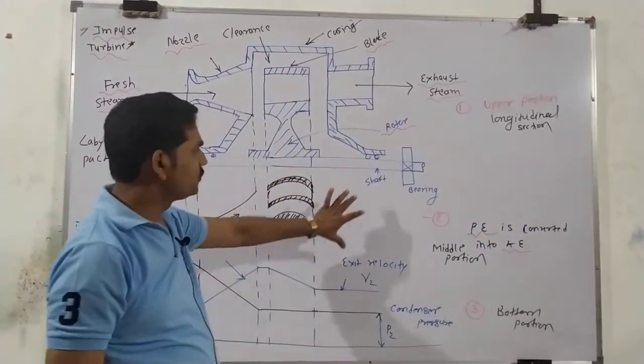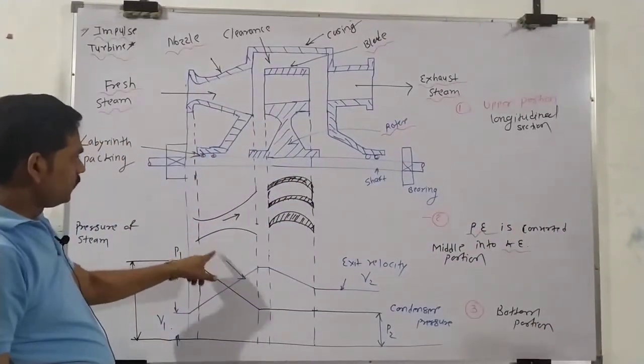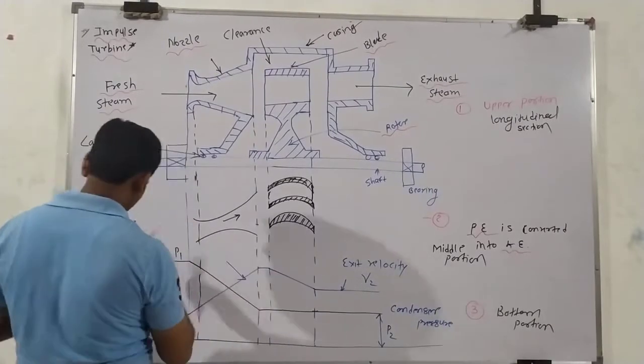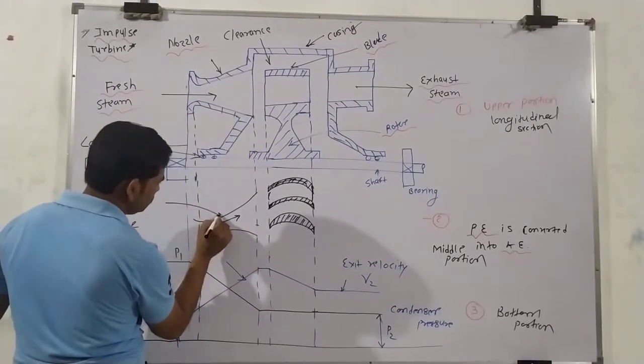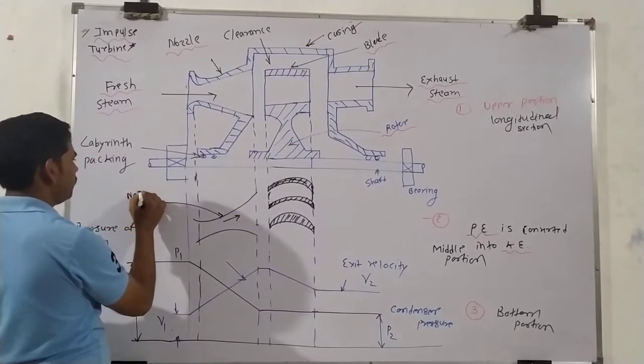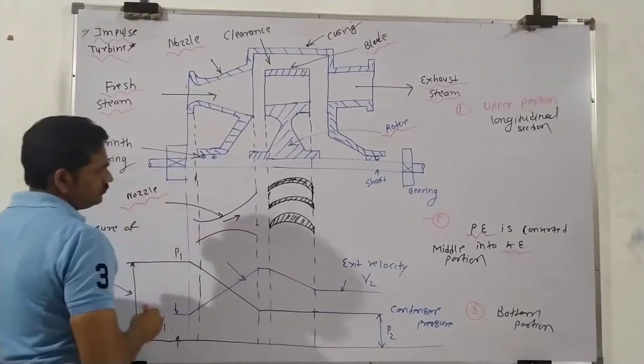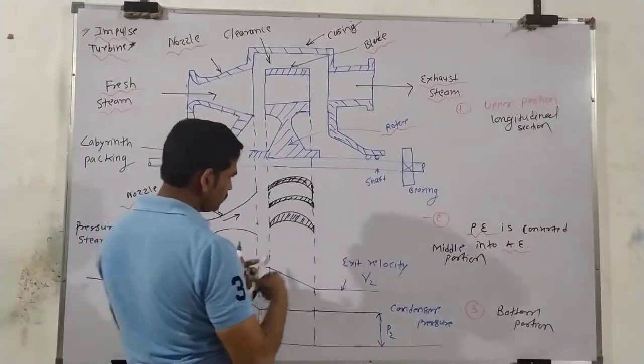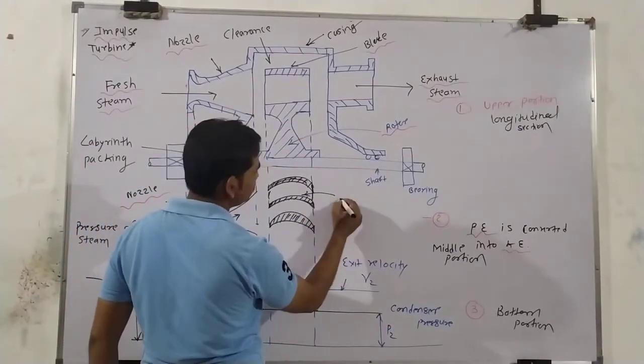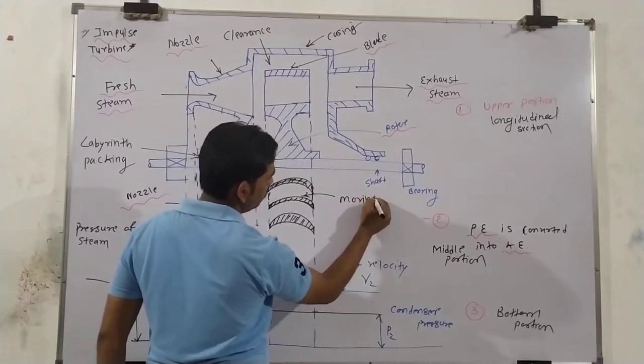Then the middle portion. In the middle portion, the nozzle diagram is given. This is the nozzle, and this is the motion of the blades. These are the moving blades.